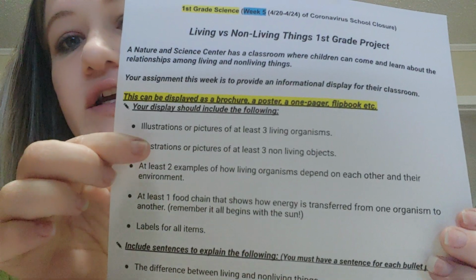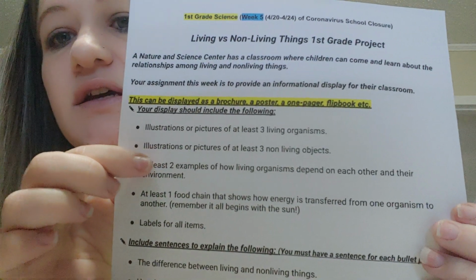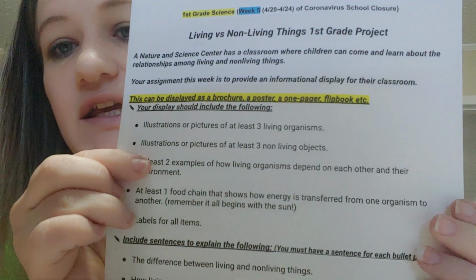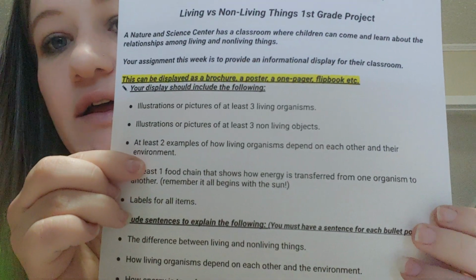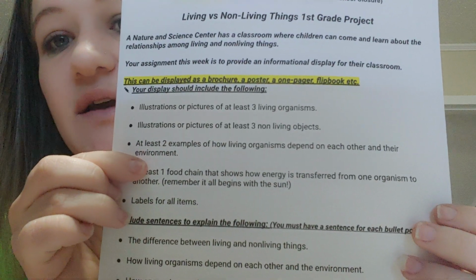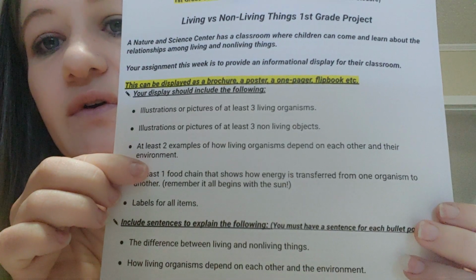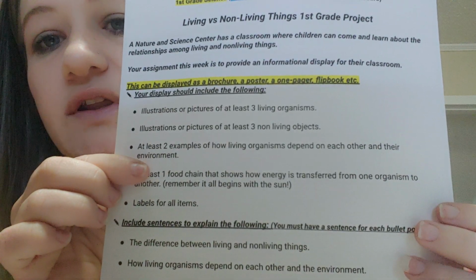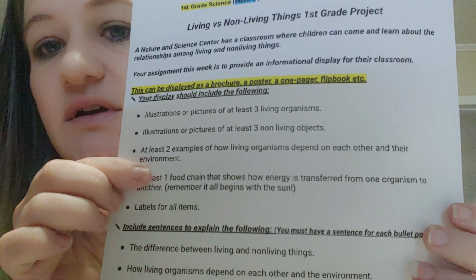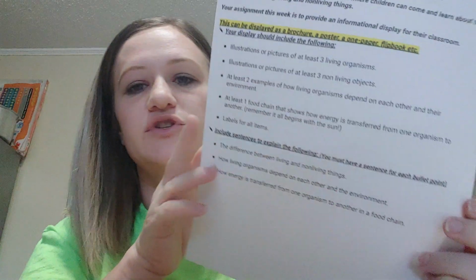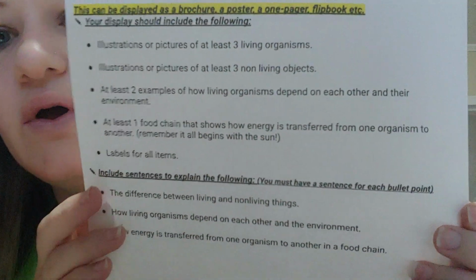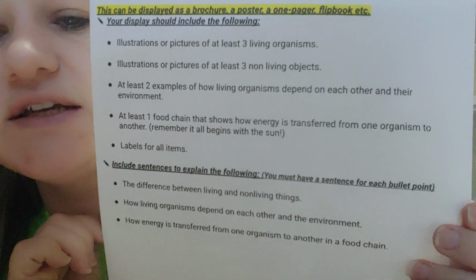You're going to illustrate 3 living things, 3 non-living things, and you got to tell me at least 2 examples of how living organisms depend on each other, and at least 1 food chain that shows how those living things get their energy.